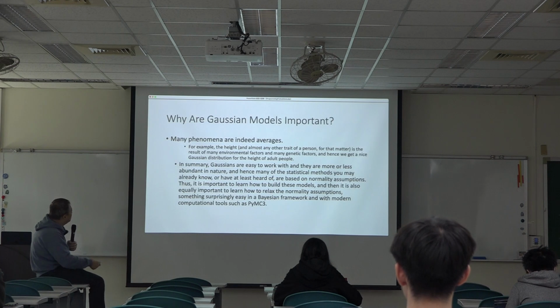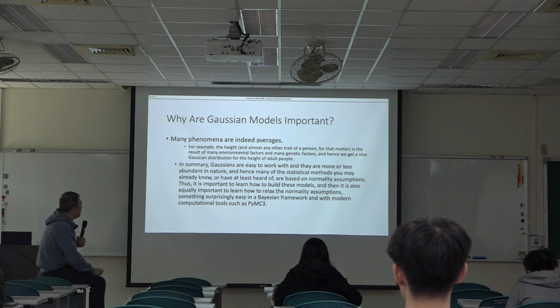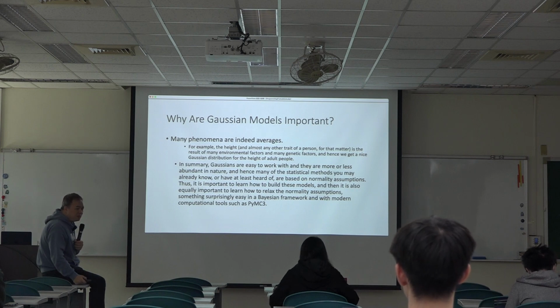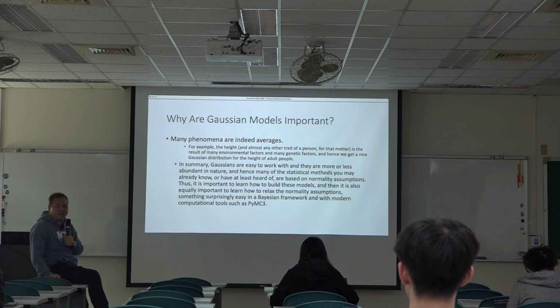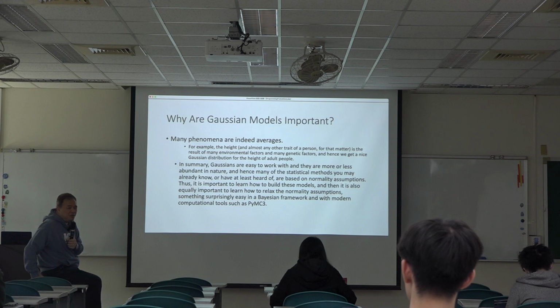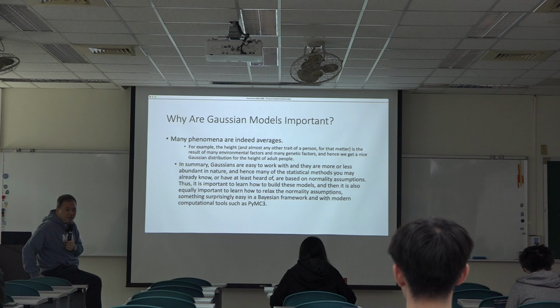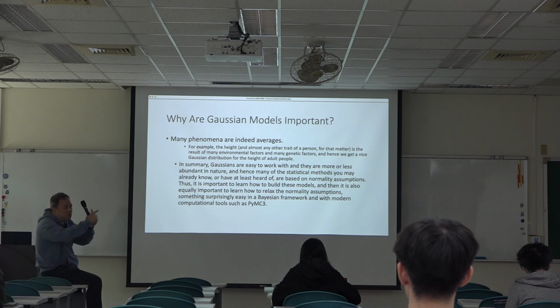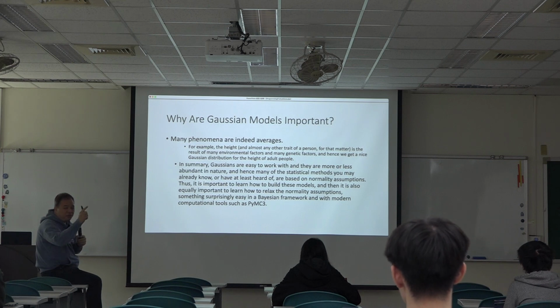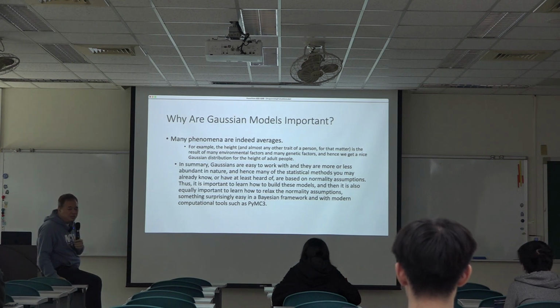So basically, let me give you some examples. Okay, for example, the height of a person. By the way, if you remember in the previous chapter, we talked about the height of a number of American women. Remember? Okay. So if you look at the distribution, that distribution is a nice bell shape, right? And we used that to describe a Gaussian distribution, if you still remember.